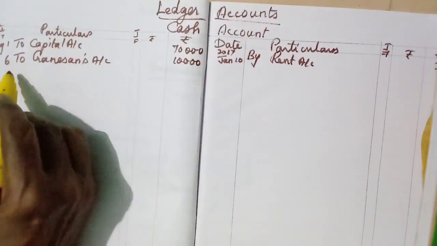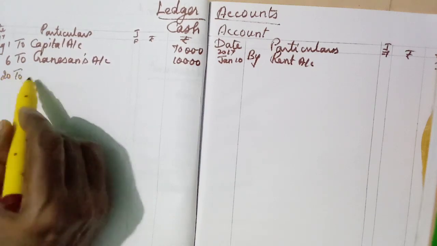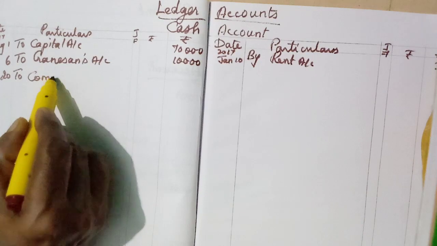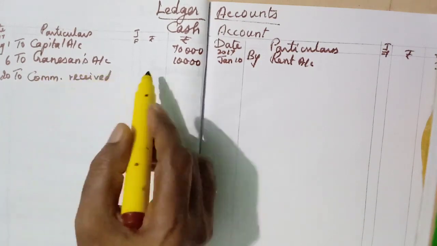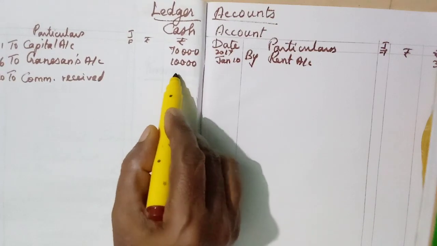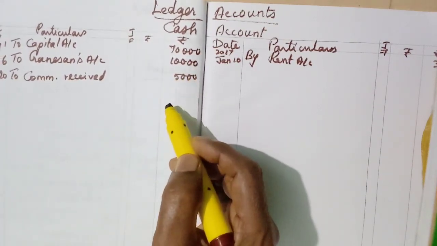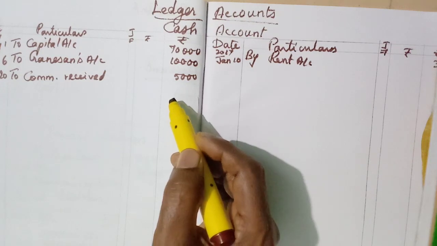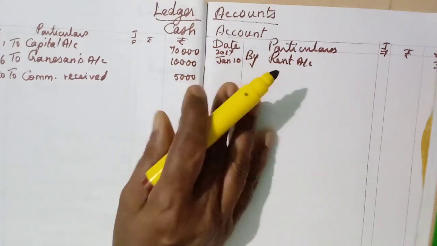So, date 20 to commission received. You have to write fully, okay? 5,000. Okay, we can balance them. If they have asked 1 or 2 accounts, you have to balance. But just to post the means, you can post and leave it.